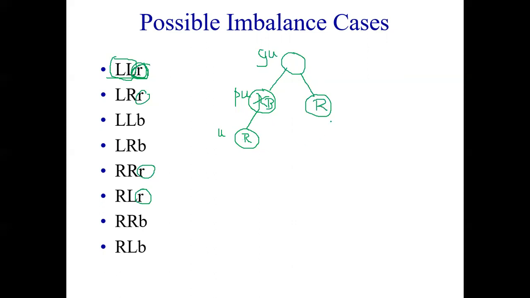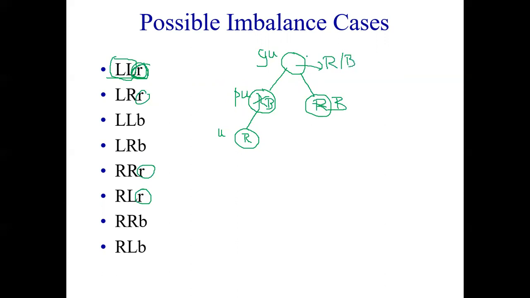Okay. Make the color of the parent's sibling also black. Then what you do? See, the grandparent can be either red or black. We are not bothered. But here there is one catch.